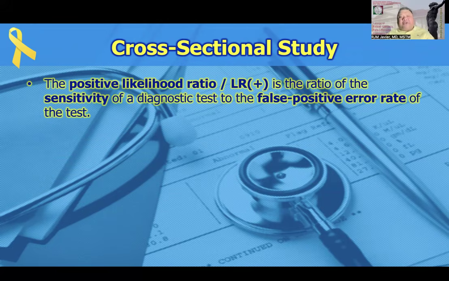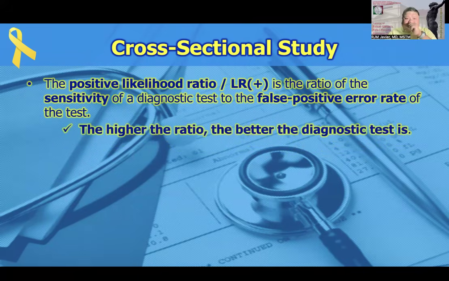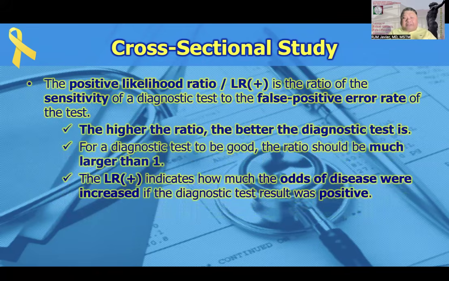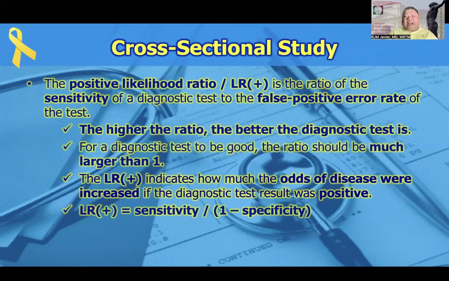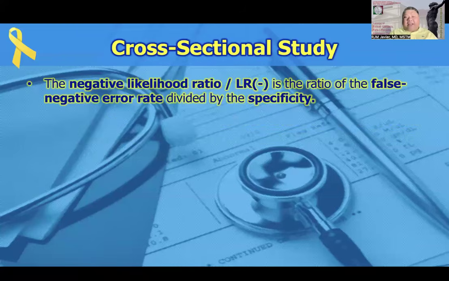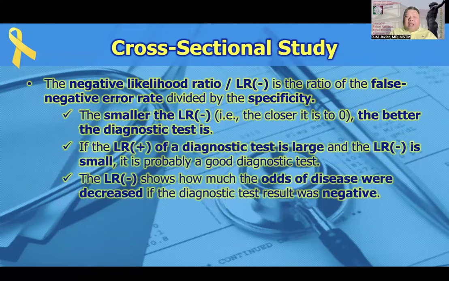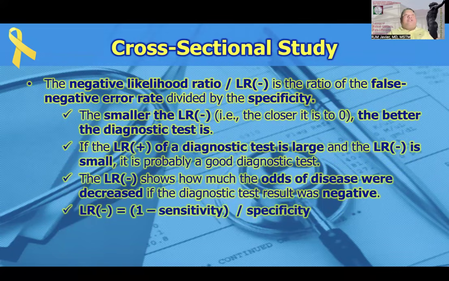We divide your likelihood ratios into your LR positive and your LR negative. Your LR positive can be derived using this formula. And you also have your negative likelihood ratio or your LR negative, which is derived with this formula. Now, this is important to ascertain also the ability of your test.